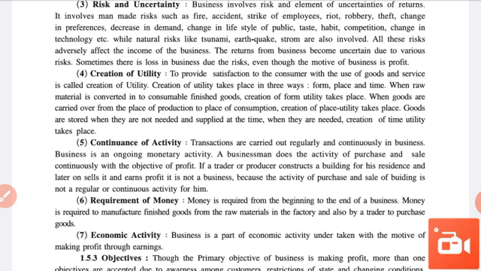That means when a consumer consumes a particular product, they use the goods or service and are satisfied with our service. So we provide satisfaction to the consumer. That is our creation of utility.